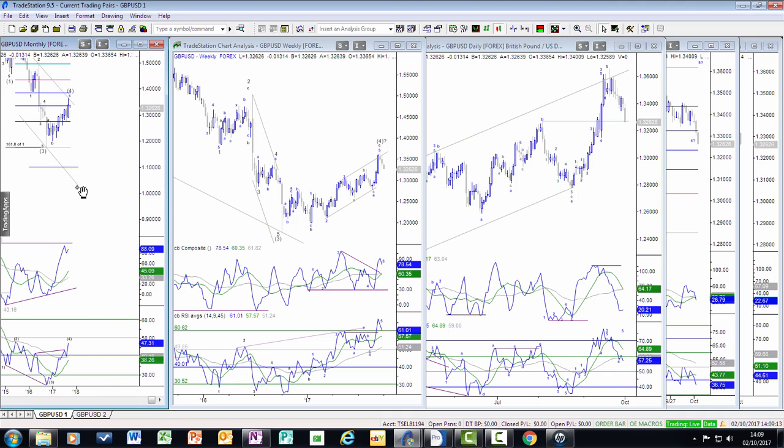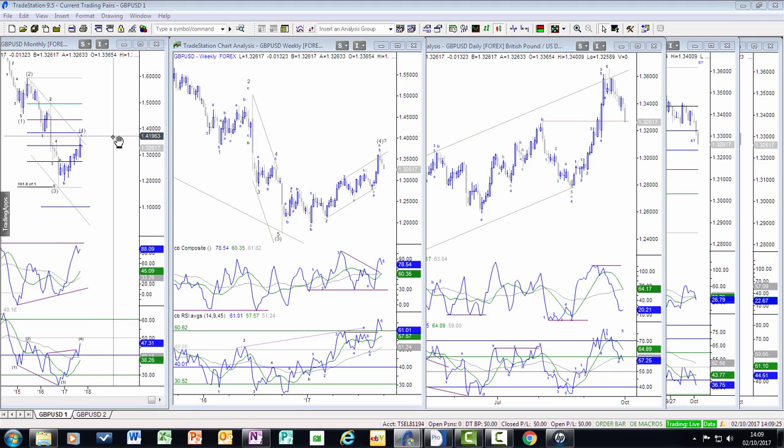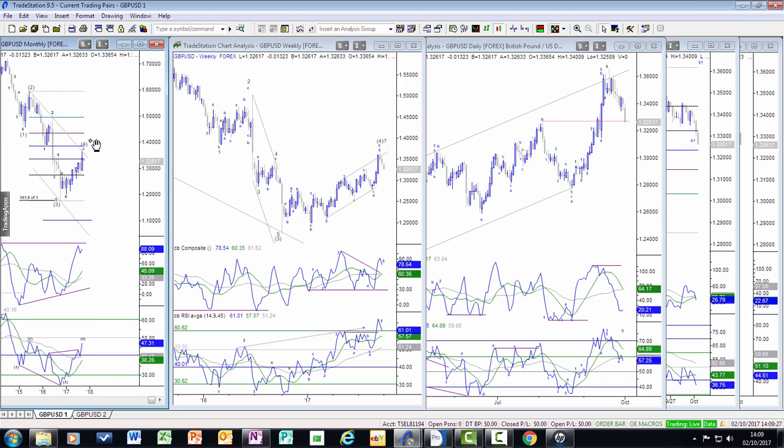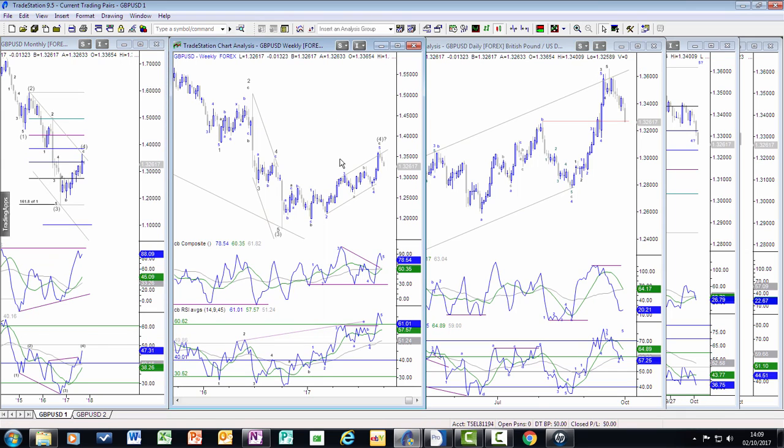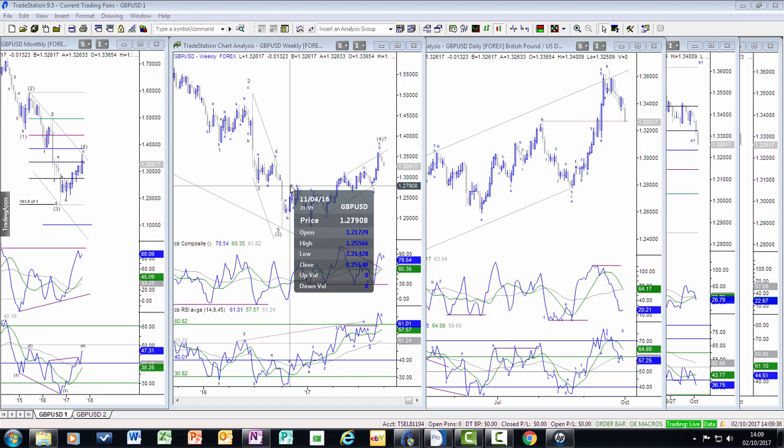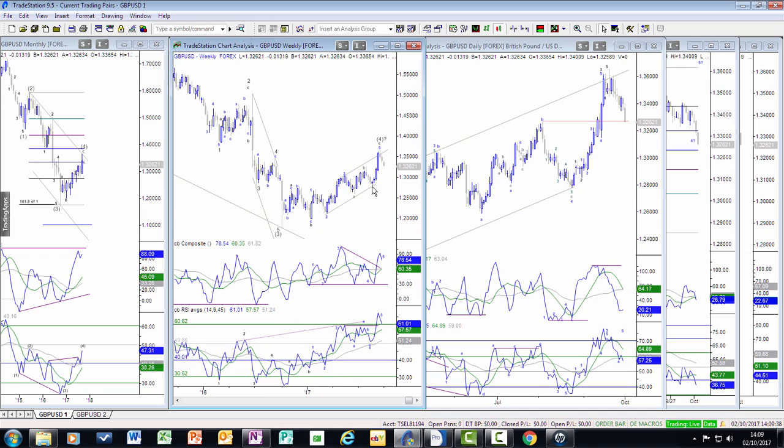Now the 5th wave may come down here even towards parity within this currency pair. That would be something in the region of 2.5 to 3,000 pips to the downside if this 4th wave is indeed complete. And I think an element that would identify that as complete is a break of below 127.9, which would be this 4th wave low of our ABC.